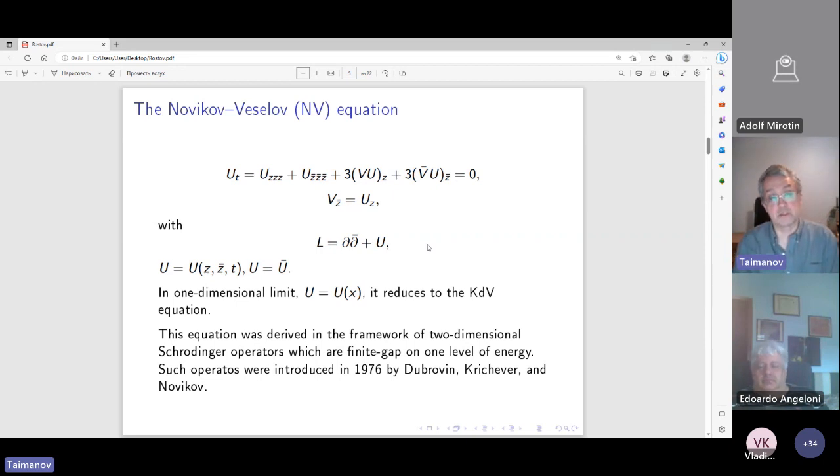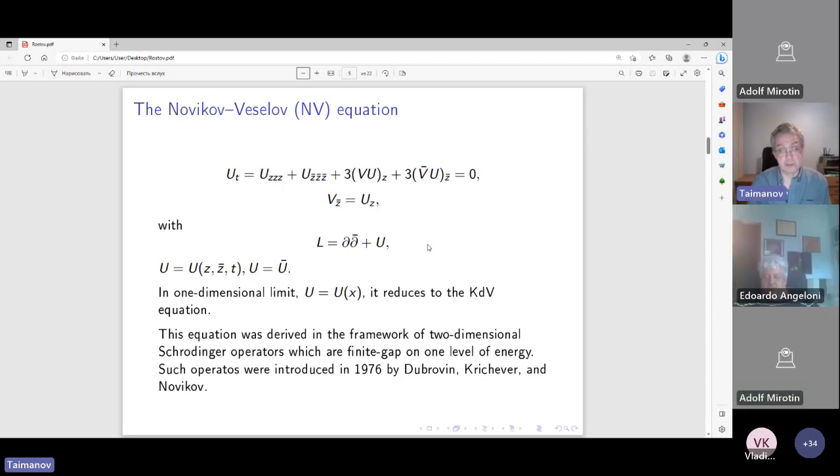This equation was not physical when it was derived. Now it appears that it has some physical applications. But at that moment, it was derived in the framework of two-dimensional Schrödinger operators which are finite gap on one level of energy.